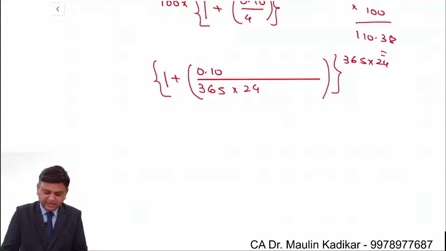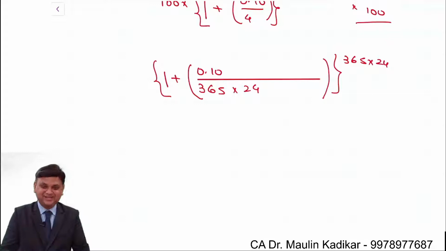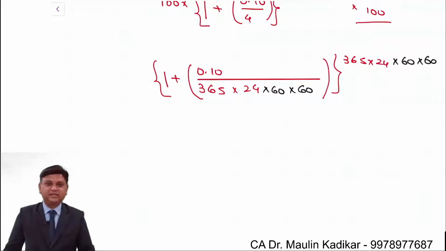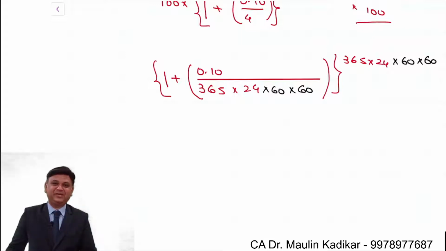Instead of every hour, suppose it is every minute. Then in that case it is into 60 into 60. Instead of every minute, if it is every second, then 60 seconds in a minute, into 60 further. Then this is the kind of answer that we will get.